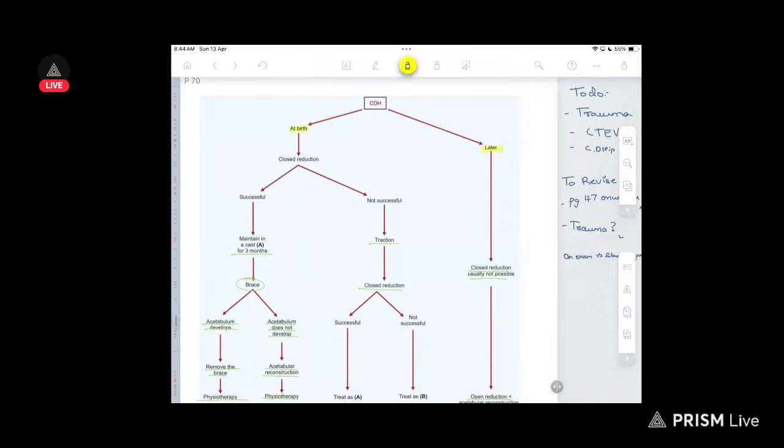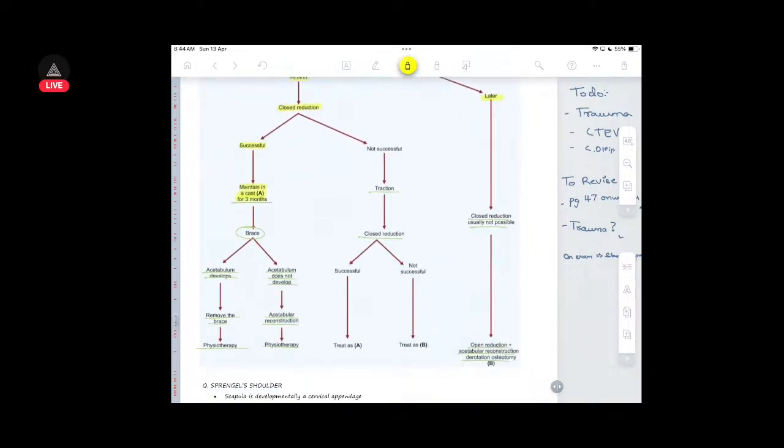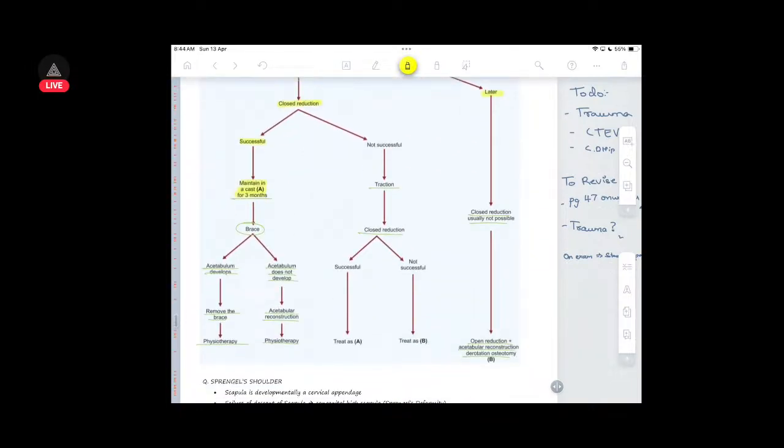If it is at birth, you have to do closed reduction. If it is successful, you maintain it in cast A for 3 months, which is frog leg, and you provide a brace. If the acetabulum develops, you remove the brace and do physiotherapy. If it does not develop, then you do reconstruction and then physiotherapy.